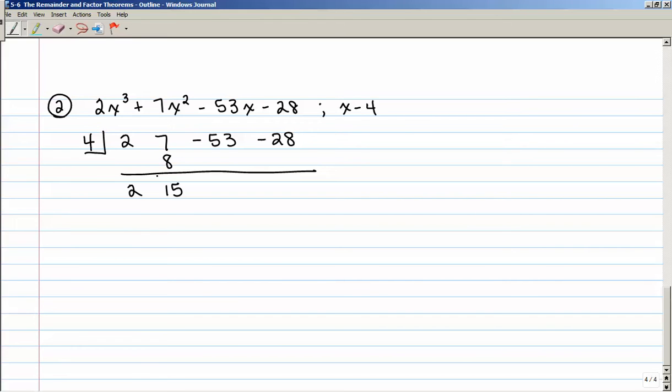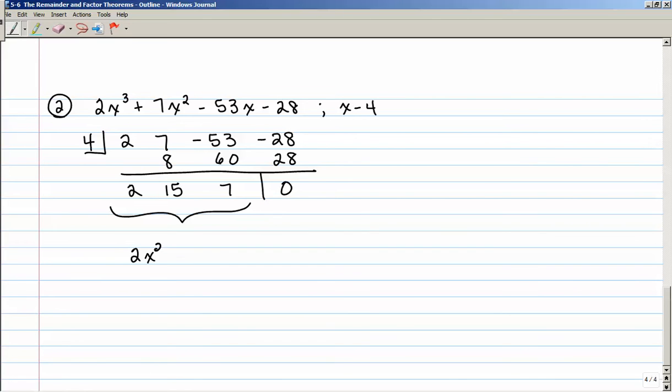4 times 2 is 8. Add, that gives me 15. 4 times 15 is 60. Add, that gives me a 7. 4 times 7 is 28, and that gives me a 0. So these are the coefficients of my solution. Since I started with an x cubed, my answer is going to start with an x squared.